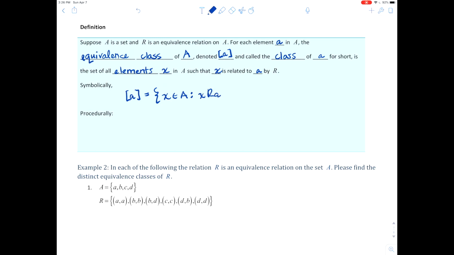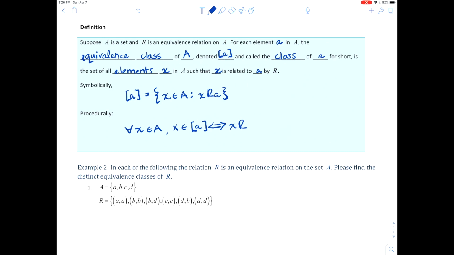And then procedurally, it's pretty similar. You could also say for any X that belongs to A, X belongs to the class of A if and only if X R A. Remember, they're powerful statements, especially when they're in a definition.